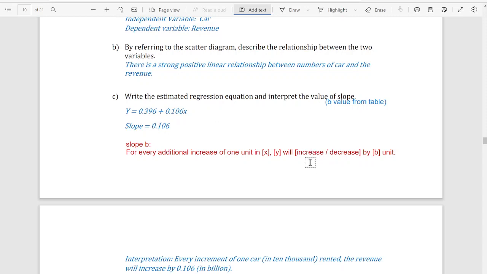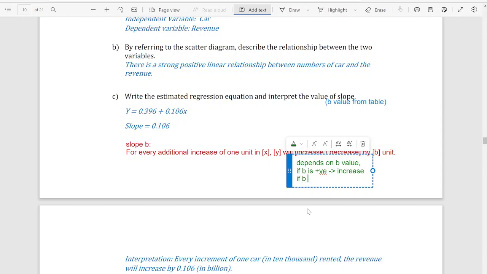So in this case, this depends on the B value, such that if B is positive, then it will be increase.